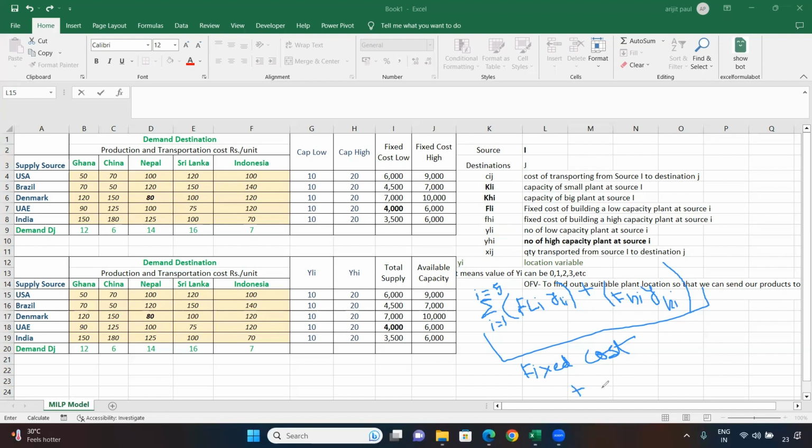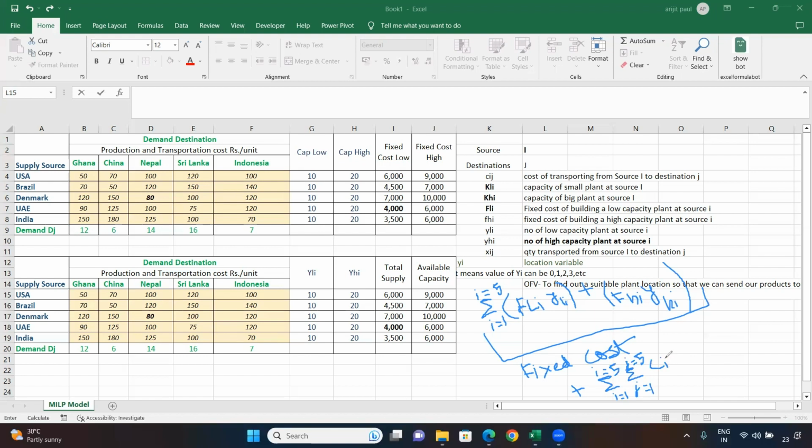plus summation source 1 to source 5. Similarly, destination J equals to 1 to J equals to 5, Cij.